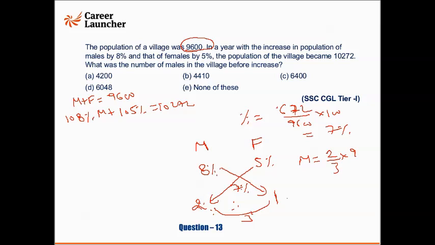Here we are multiplying it by 9600 because we have to calculate the number of males before increase, means 2/3 of the total population which was before increase. That's why I am multiplying it by 9600, not by 10,272, correct? So my answer will be 6400. Okay, so you apply this short trick, that is going to save your time. So you will get C as your answer.